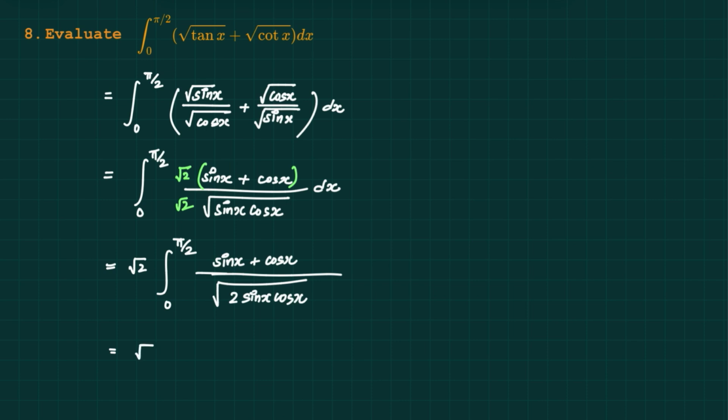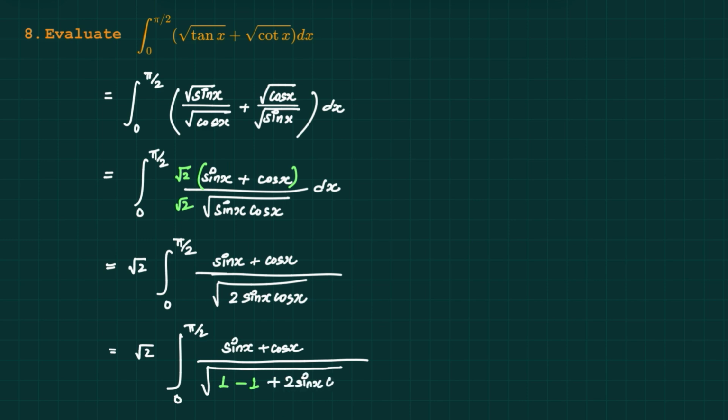Equals square root of 2 from 0 to pi by 2, sin x plus cos x whole divided by square root of, let us add and subtract 1 here in the denominator, plus 2 sin x cos x, dx.